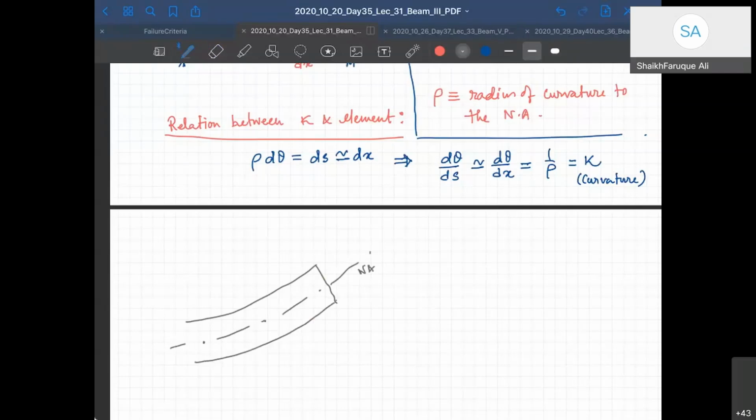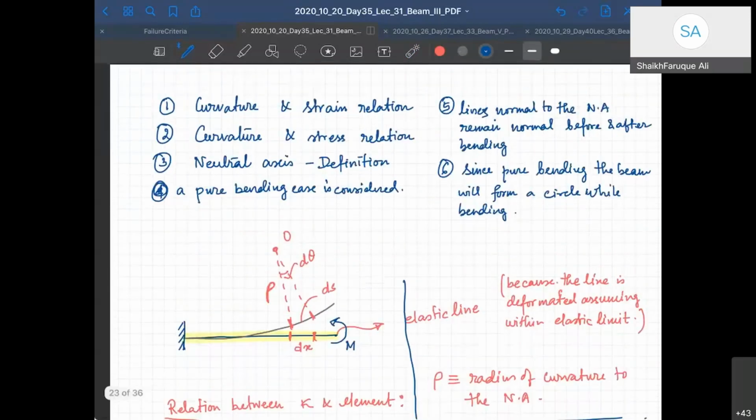Now you take 2 points. Let's say I take 2 points here, and they are connected to this line and this line. So this line obviously has got contracted because it is on the upper side for a sagging moment. So this is sagging, a positive moment.